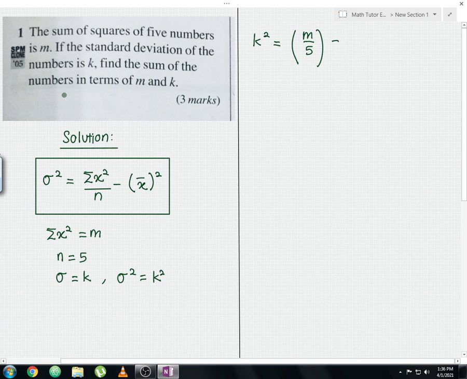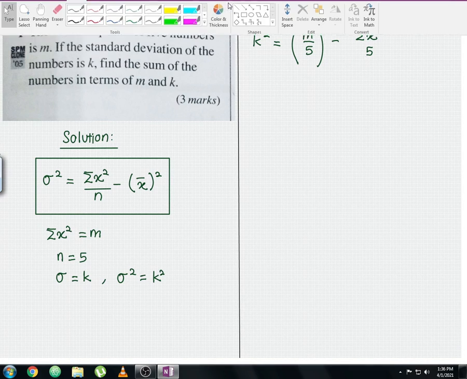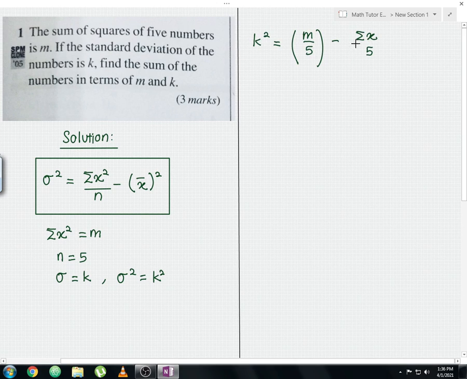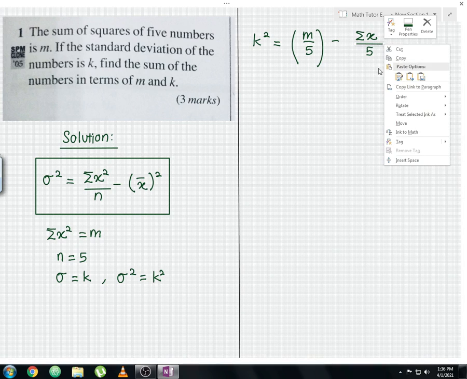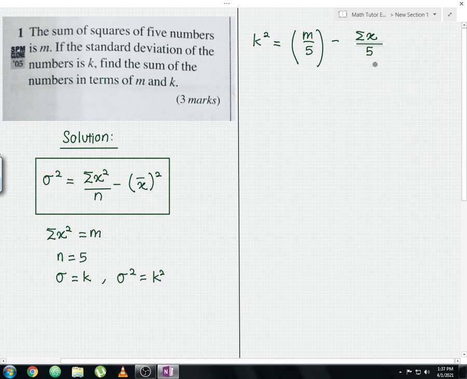You don't know the sum of numbers, so you just write here summation of x, but you should know the number of values of data, in this case which is 5. So you just write here 5. Let me underline the fraction over here, and let me square this.